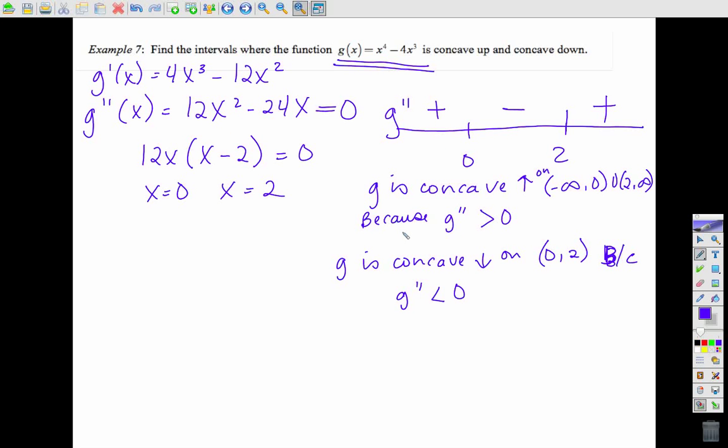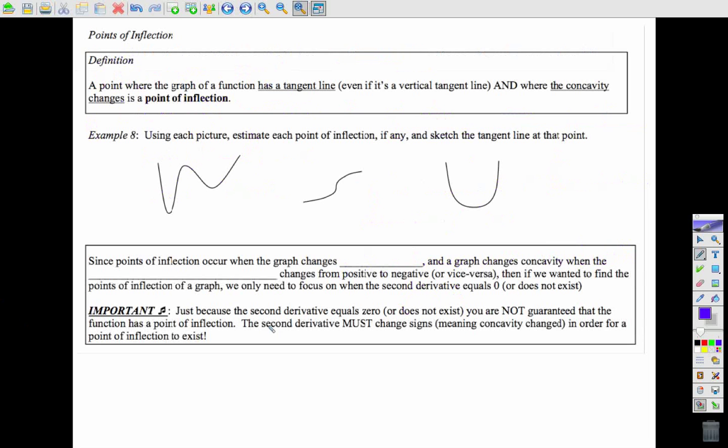All right, so you can use the second derivative in order to determine concavity, when it's concave up and when it's concave down. All right, let's look at the next page. A point of inflection is a point where the graph of a function has a tangent line, even if it's a vertical tangent line, and where the concavity changes.